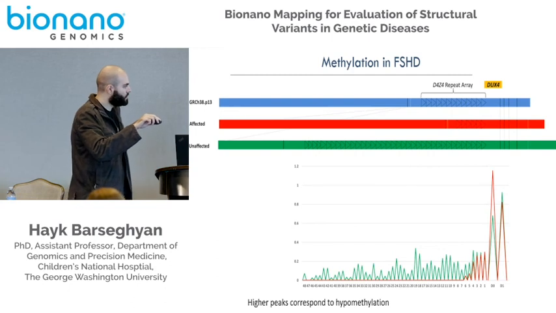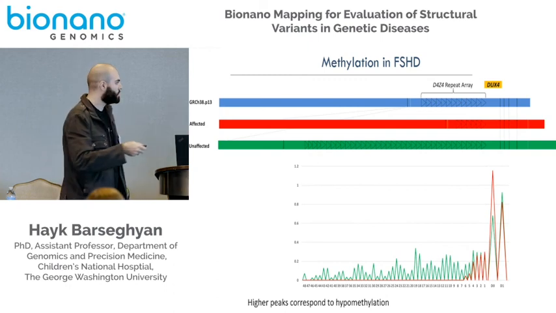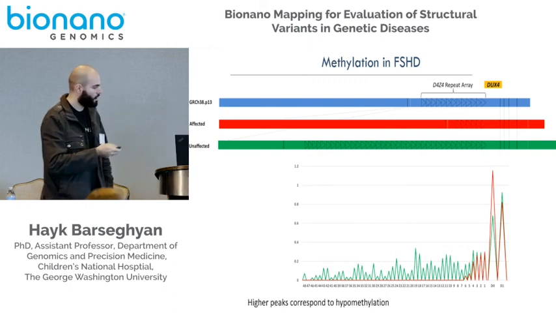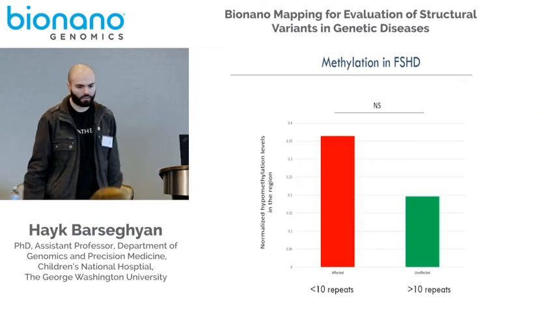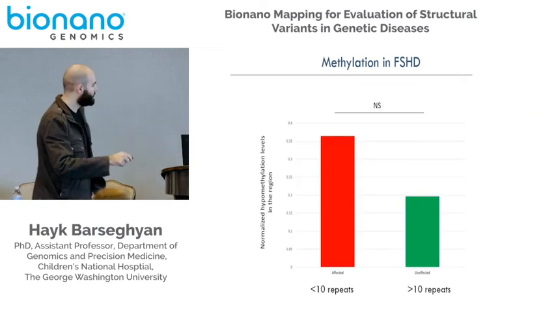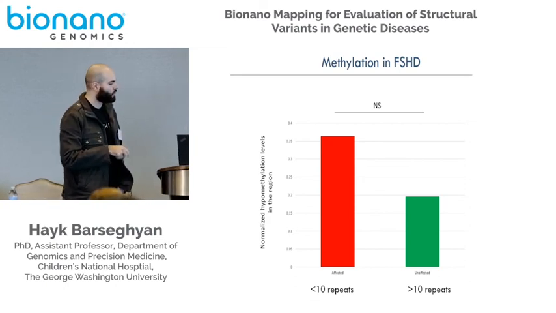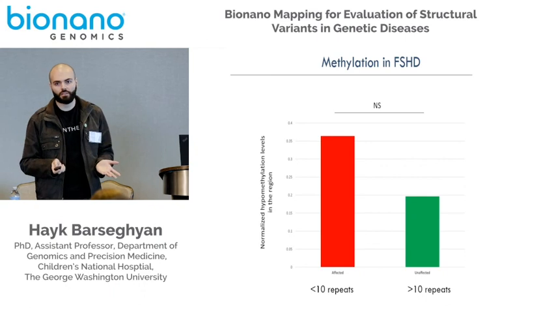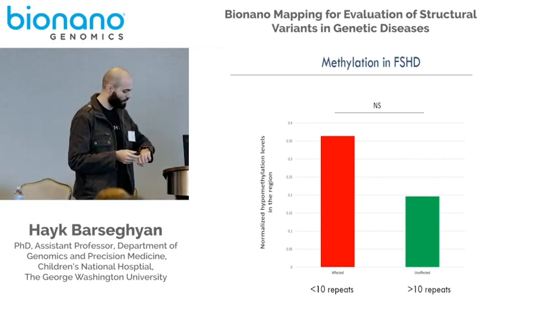But we didn't replicate the first finding that we saw, that the actual repeats themselves also had more hypomethylation than longer alleles. When we plot this in an easier to understand way, what we see is that if you have an affected allele, you do have more labels in there when you normalize them against your number of molecules that are spanning that region.